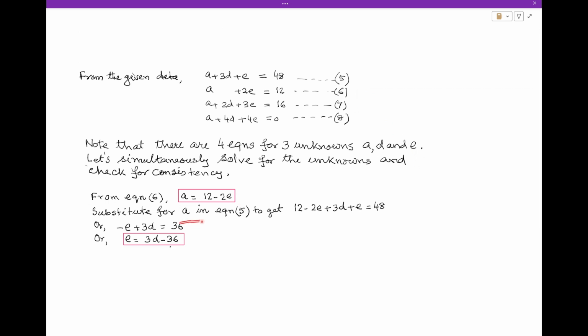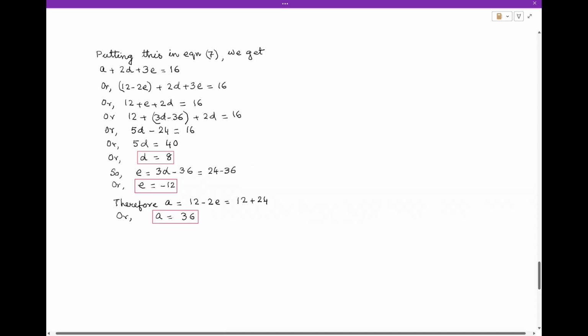Substitute for A in equation 5 to get 12 minus 2E plus 3D plus E is equal to 48. Therefore, minus E plus 3D is equal to 36 and E is equal to 3D minus 36.